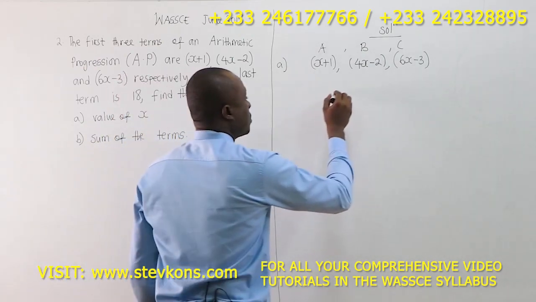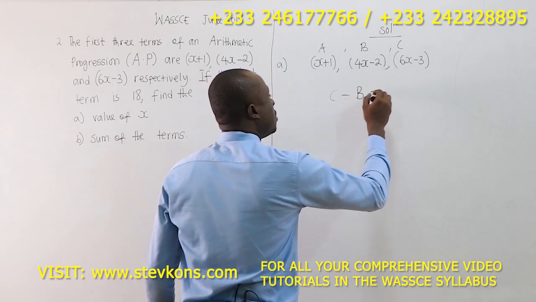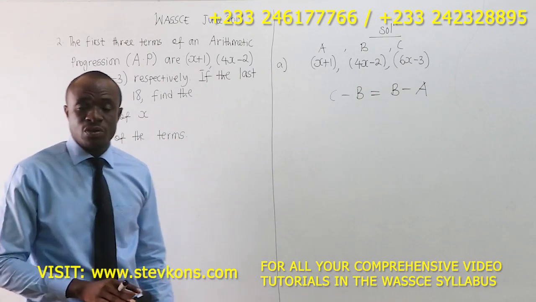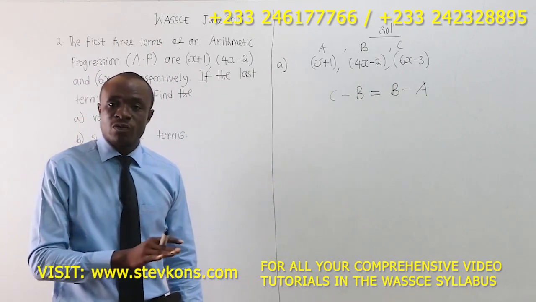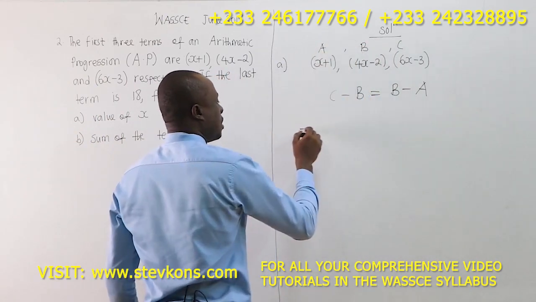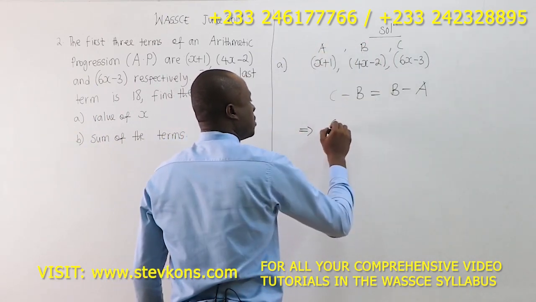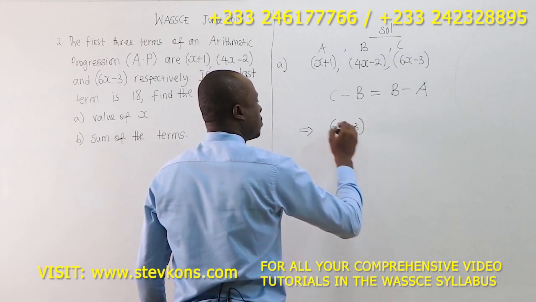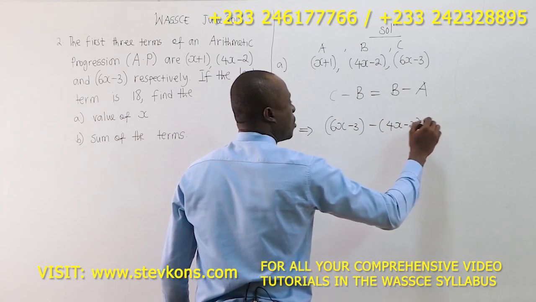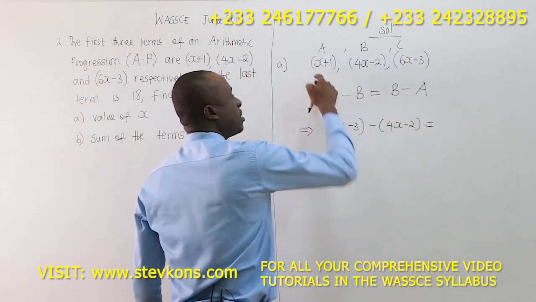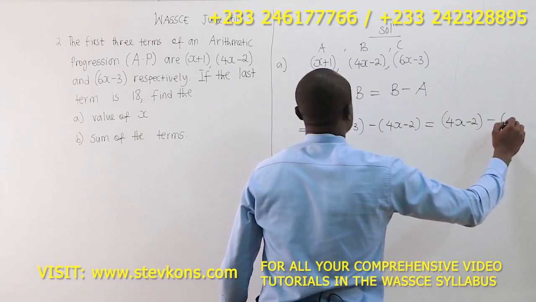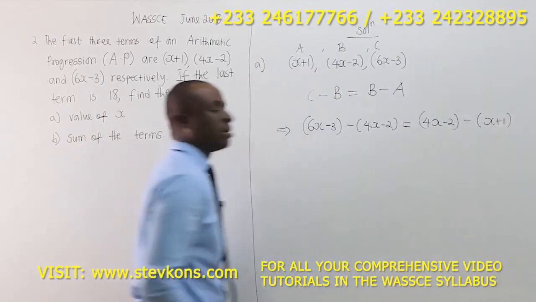So clearly from here, we see C minus B equal to B minus A, the necessary and sufficient condition for 3 numbers to form an AP. So this minus this equals this minus that. So we have 6x minus 3 minus B, which is 4x minus 2, equal to B minus A, so we have 4x minus 2 minus x plus 1.